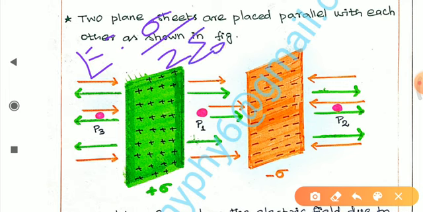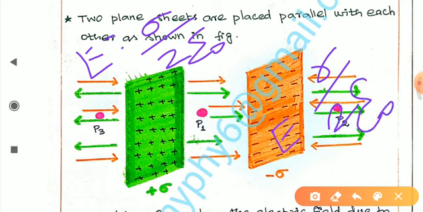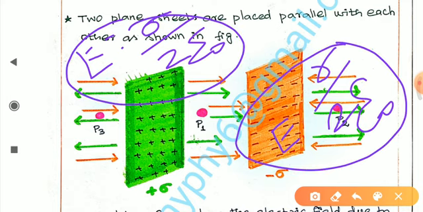What is the electric field due to the negative surface charge density? It is also given by sigma by 2 epsilon naught. So the electric field produced by each plane charged sheet has the same magnitude, E equal to sigma by 2 epsilon naught.